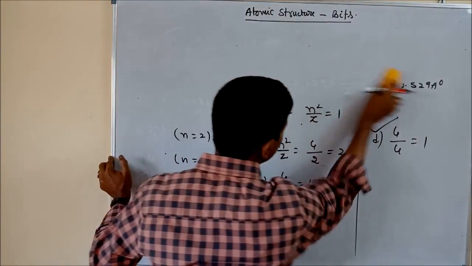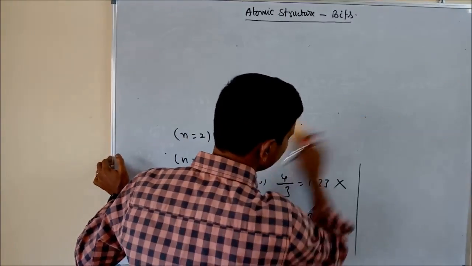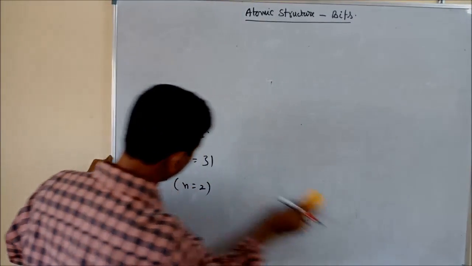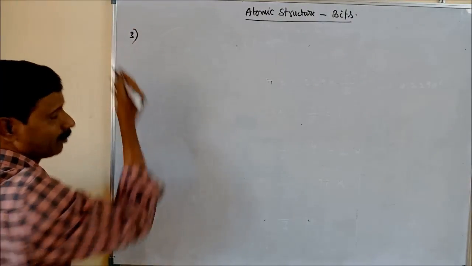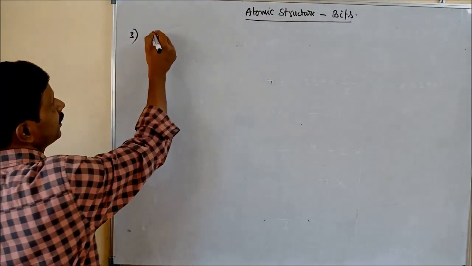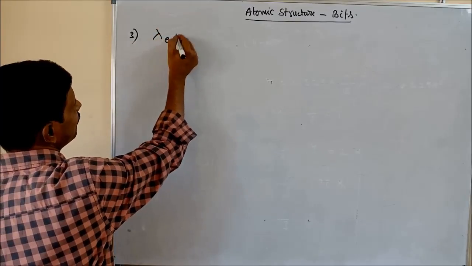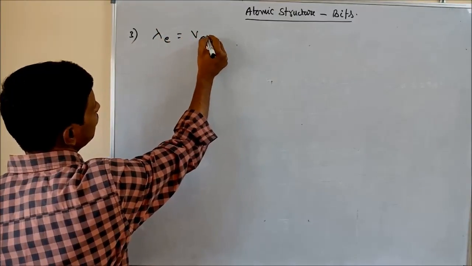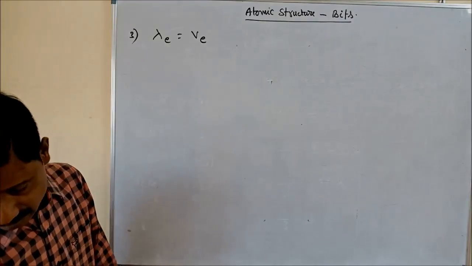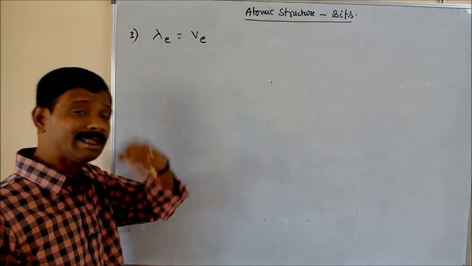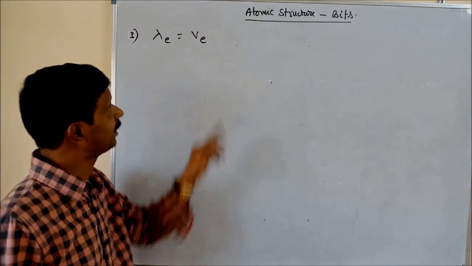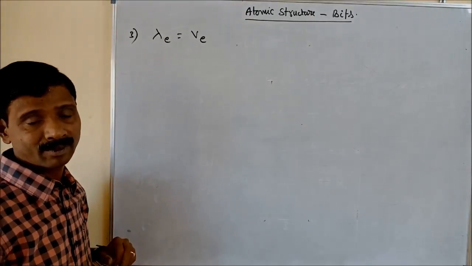Suppose it is related to de Broglie. The information they are giving is: if the wavelength of the electron is equal to the distance travelled by the electron per second, that is nothing but velocity.